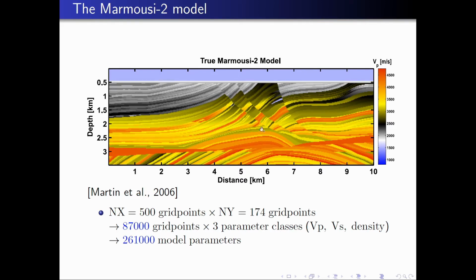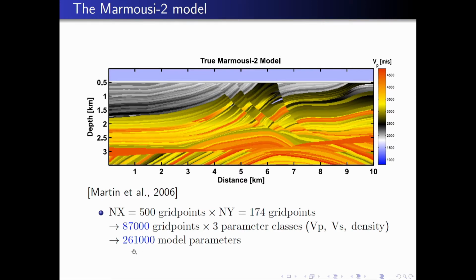So that's quite obvious. And despite these simplifications, we actually have 87,000 grid points, and at each grid point we also have 3 parameter classes because we have an isotropic elastic medium, so we have to define Vp, Vs and density at each of these grid points.